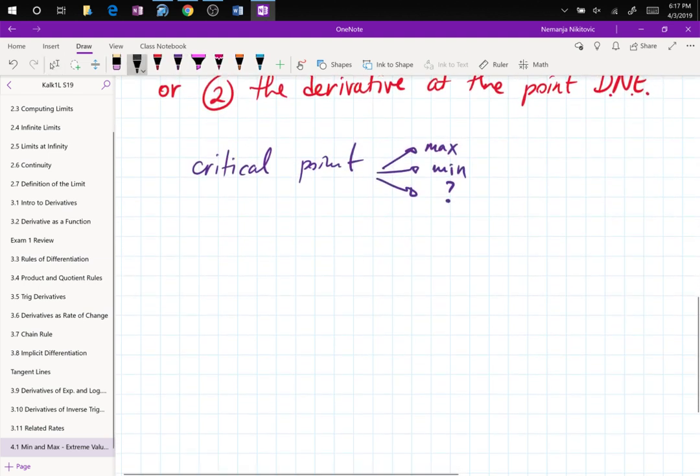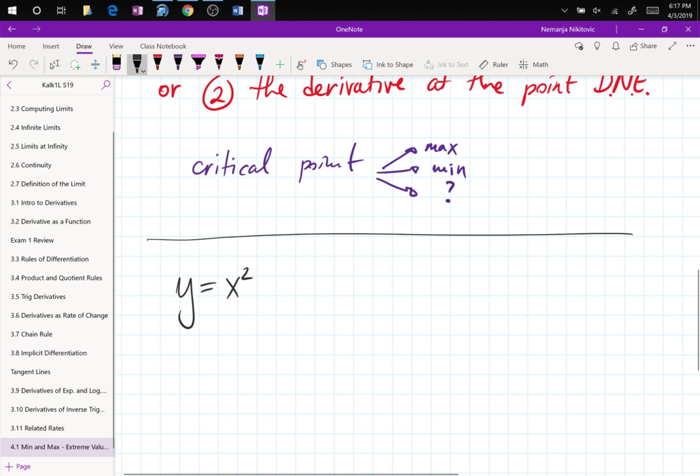So let's practice this on a function that we all know, y equals x squared. Can you tell me if this function has a min or a max, and where? It has absolute minimum at 0, 0. Very good. So we already know the answer.